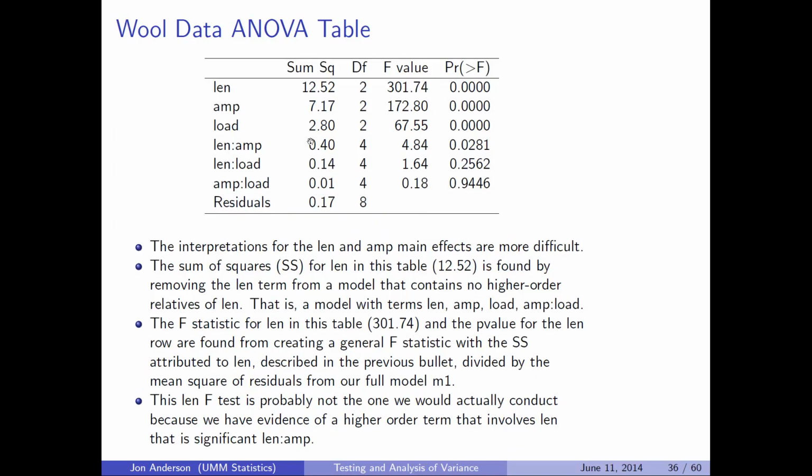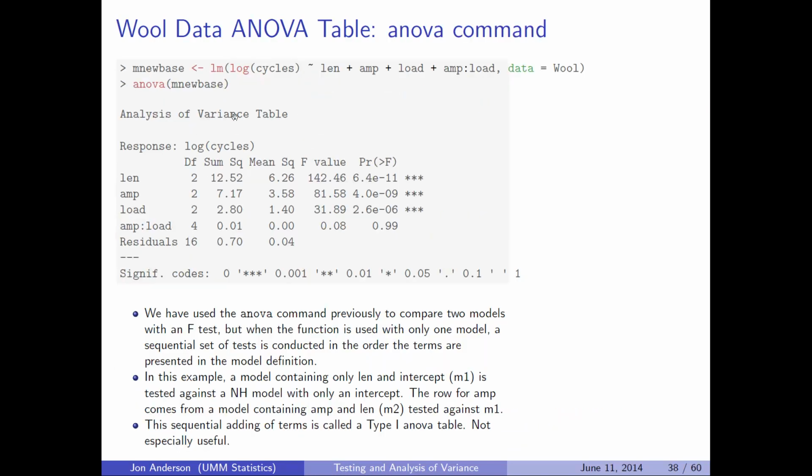If you just take a model and you use the lowercase anova command, you get something that looks similar, but really this is not useful. This command produces a type 1 sum of squares and a type 1 ANOVA table, and this is really not useful because it's only testing the effects sequentially.